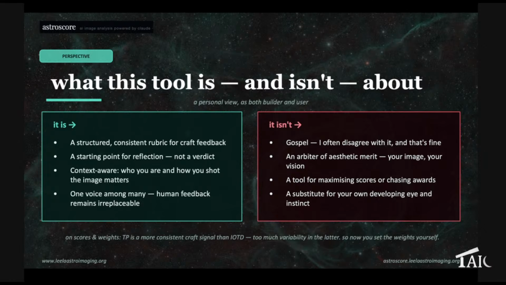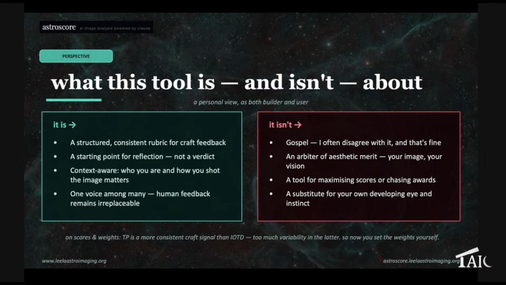That means I don't use the tool to maximize scores. I'm not chasing awards. That's not why I image. And the tool is not, as you can see, what I call it, an arbiter of aesthetic merit. For me, it's really important to keep the human at the center of this. It's my image.